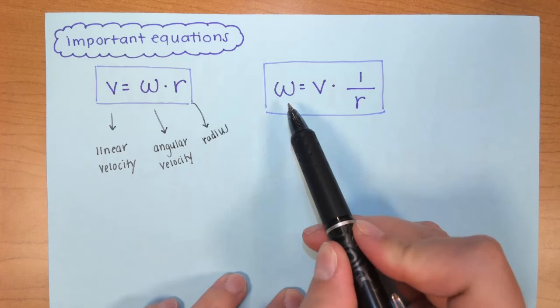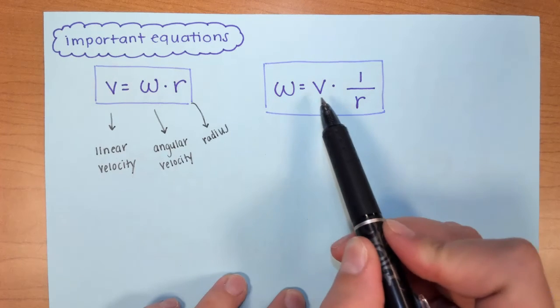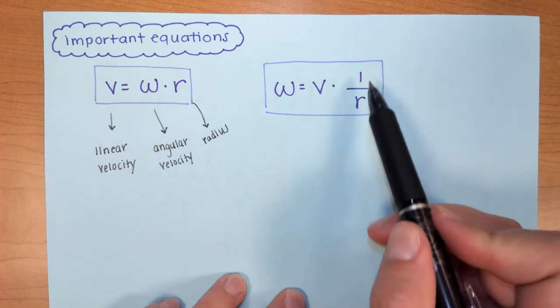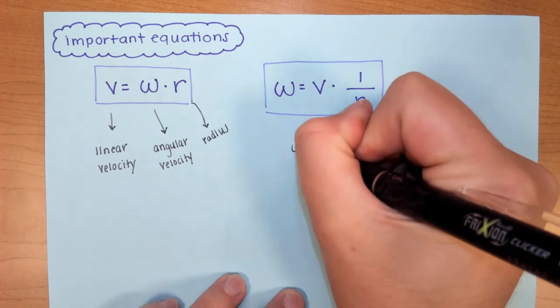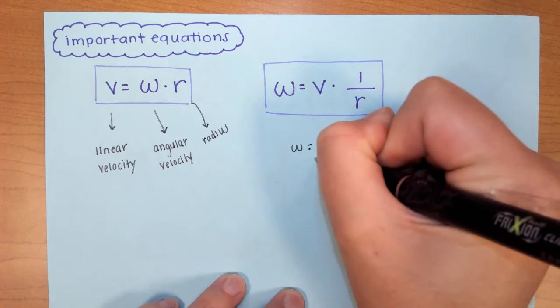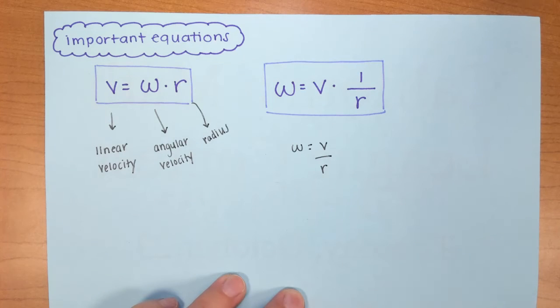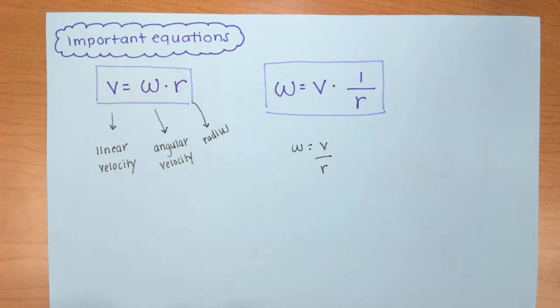And then the angular velocity is equal to linear velocity times 1 over the radius. We could also write it as angular velocity is equal to linear velocity divided by r, or the distance from the center. Two super important equations, just make sure you have those memorized, and then we're actually going to apply them here. So find that half sheet of paper.